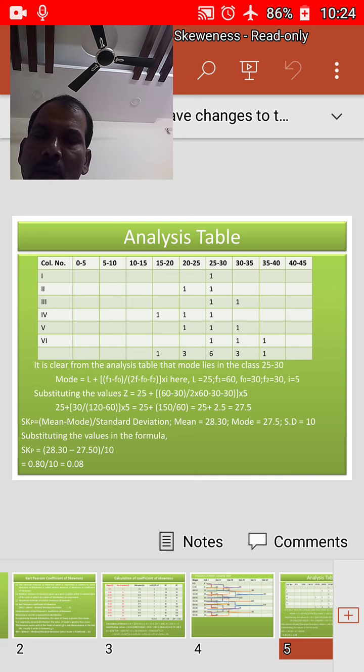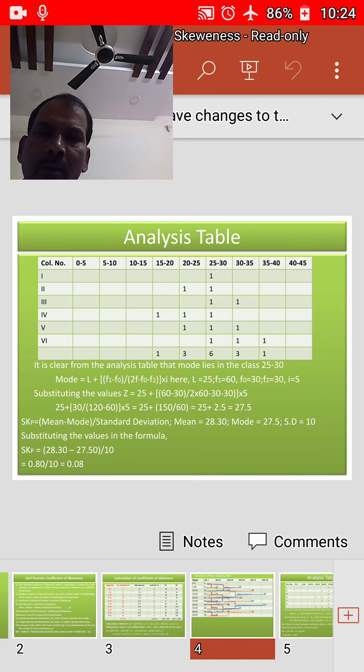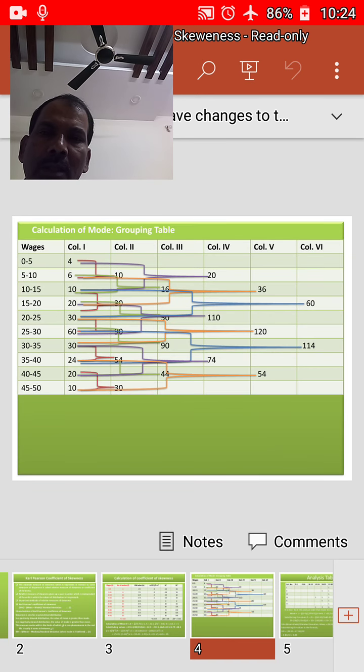If you observe the grouping table, the column which has the highest frequency number in the first column is 60, that is the 25 30 class, hence put 1 there in the 25 30 class.